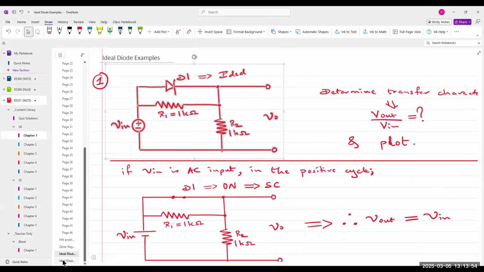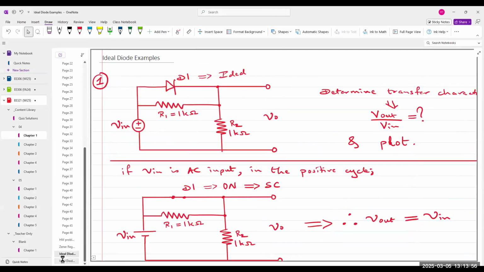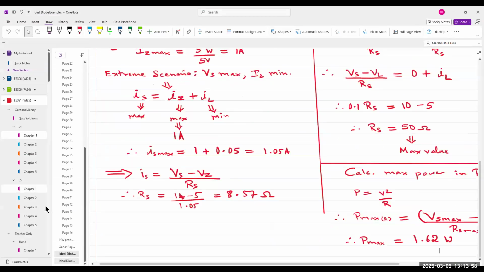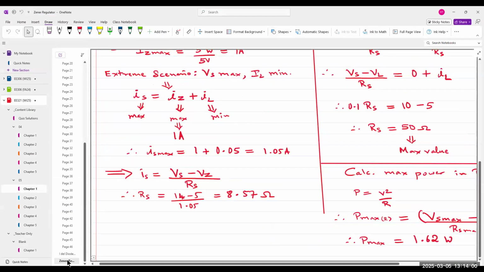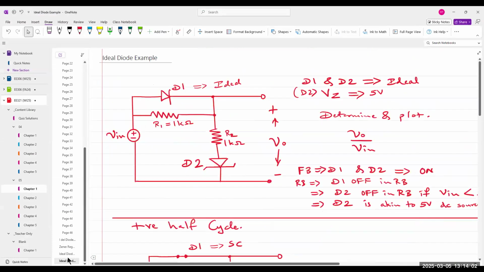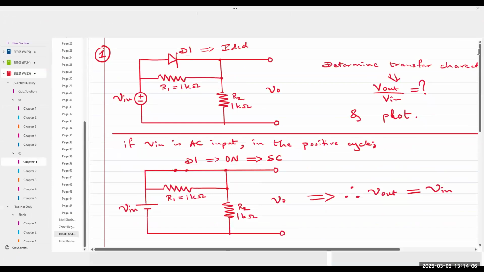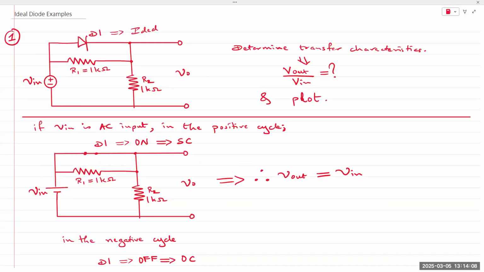I went through the writing. Let's do this in chapter 1. Okay. So this is an ideal diode circuit. Ideal diode circuit. All right.